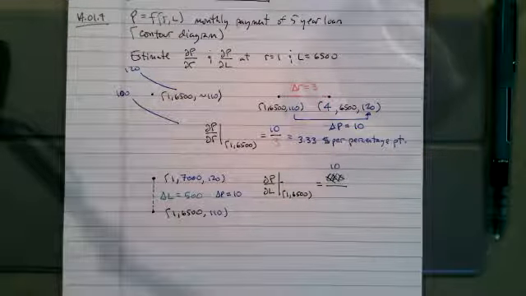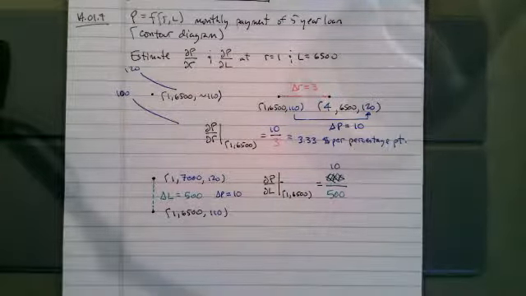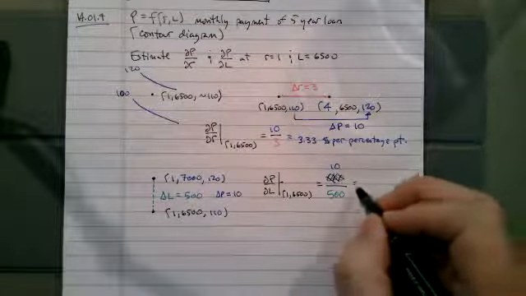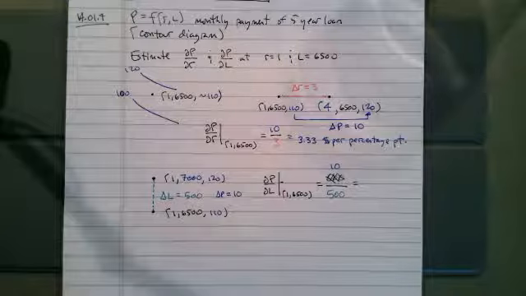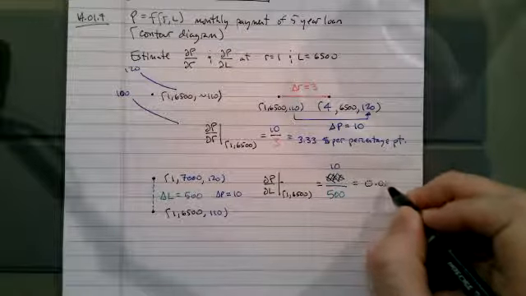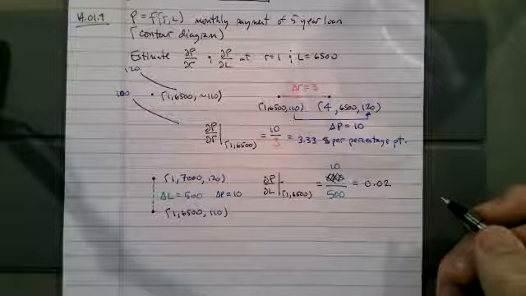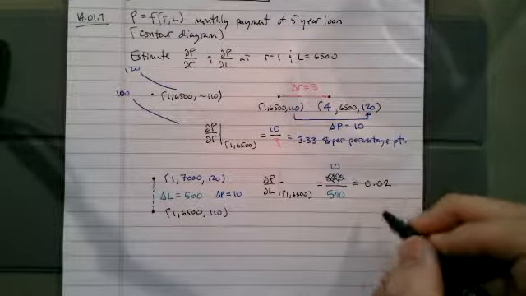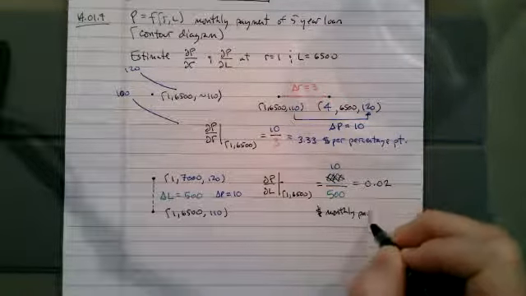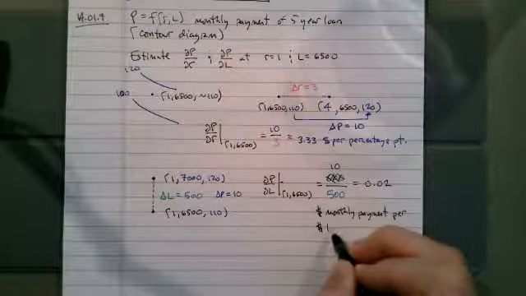So the payment increases by $10 for a $500 increase in amount borrowed. So 10 500ths or 1/50th. Now the units on this would be dollars per dollar, but that would be dollars of monthly payment per dollar of loan amount.